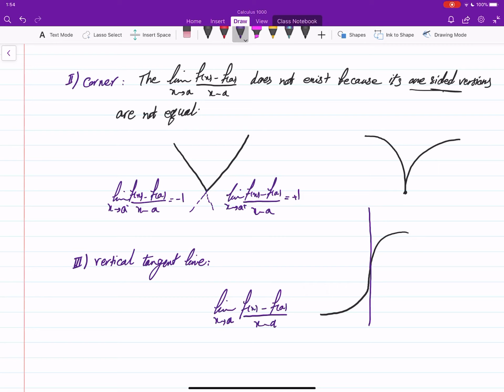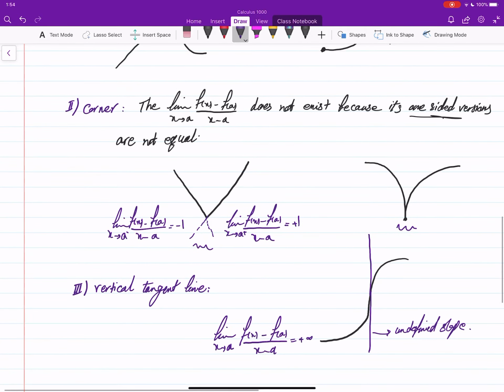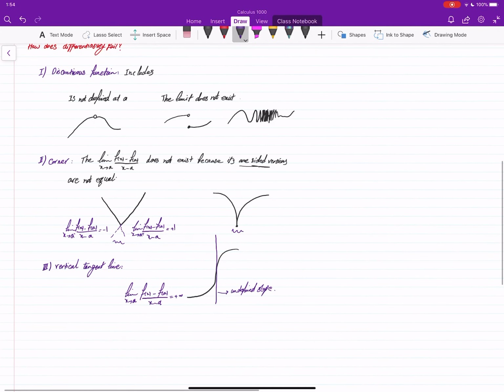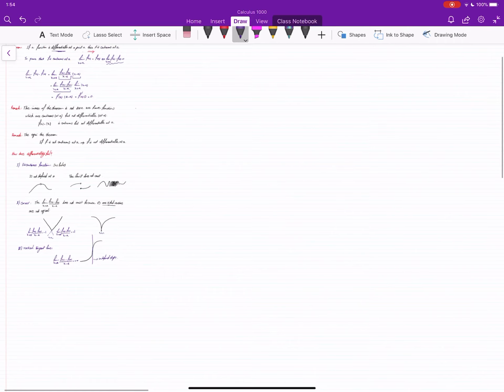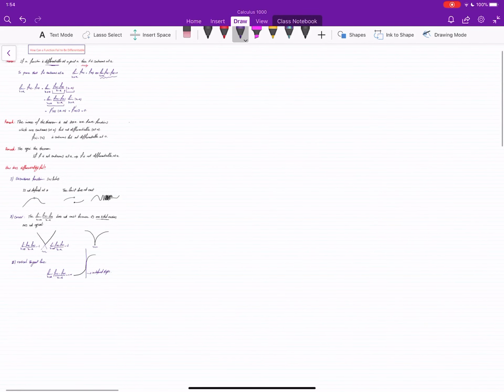Very special cases, not always. So the tangent line exists, but it has undefined slope. Well, this list can be completed, but geometrically you need to know the corner or cusp, vertical tangent, and discontinuous functions, which are the main three cases in which a function can be not differentiable at a point.